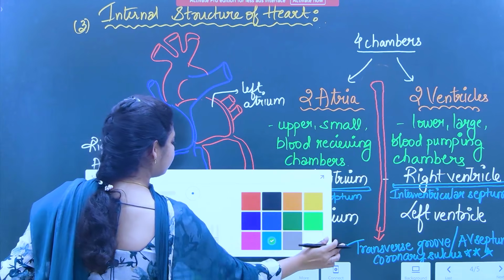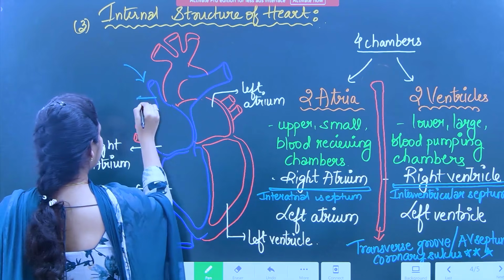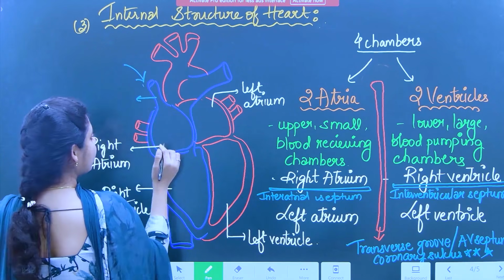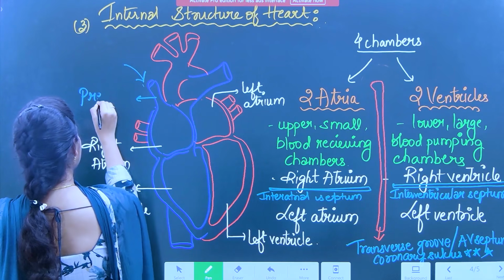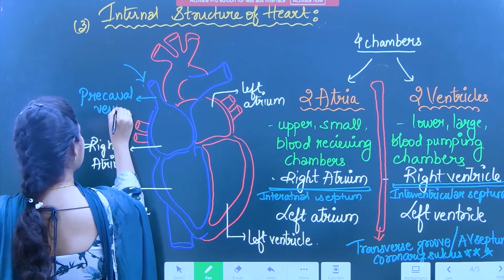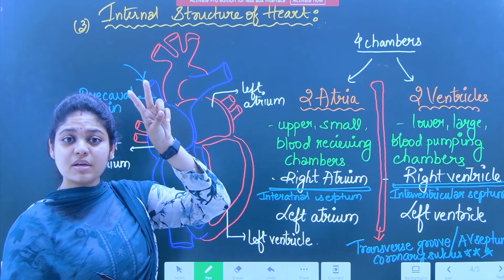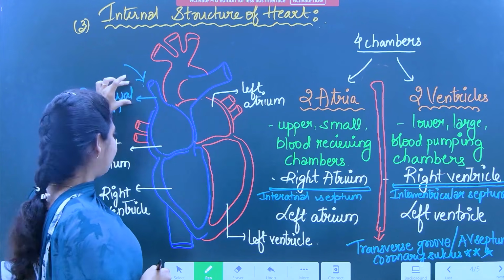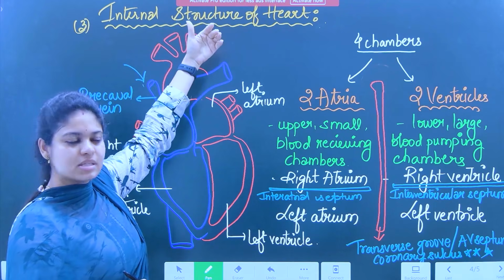Okay, if I label it with blue, is it fine? Inside means blood is moving inside. Okay, so this is the precaval vein, which is also called superior vena cava. How many superior vena cavas are there? 2 are there. Here only one is visible, the other one is present on the dorsal side.